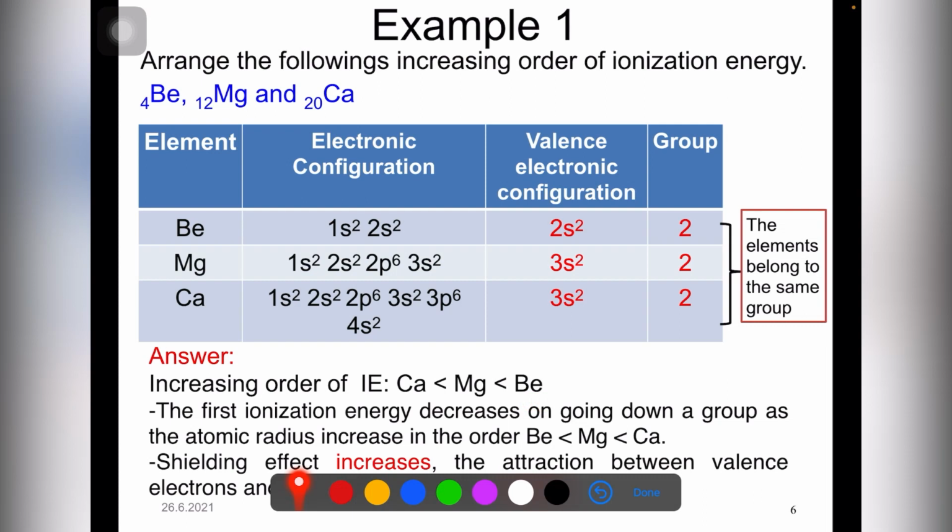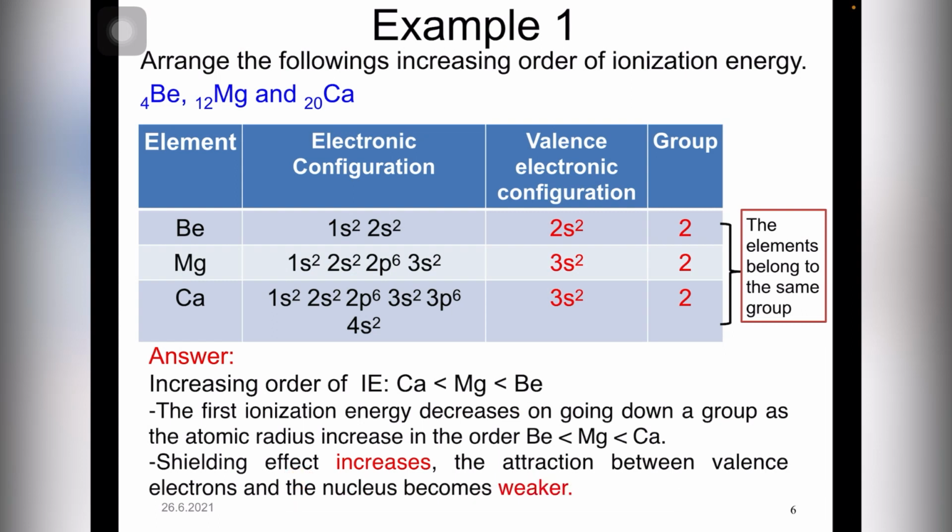Okay, why does beryllium have the highest IE? This is because it is in the same group, so we will look at the factor of the shielding effect. The first ionization energy decreases on going down a group as the atomic radius increases, in which calcium has a larger atomic size compared to magnesium and beryllium.